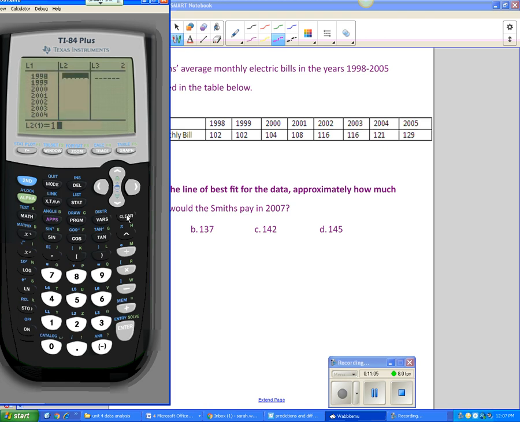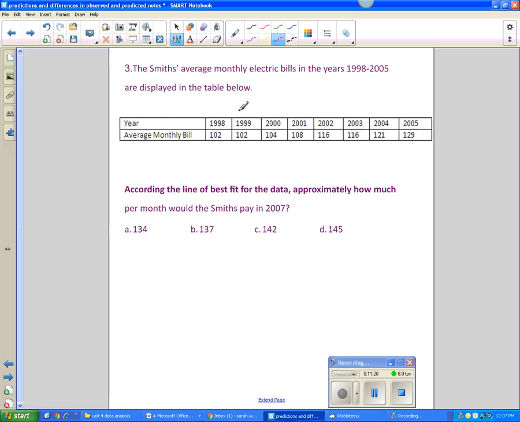All right, 102, 104, 108, 116. Okay, so I put these in L1 and these in L2.